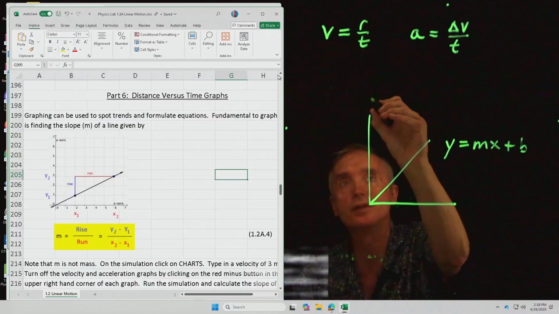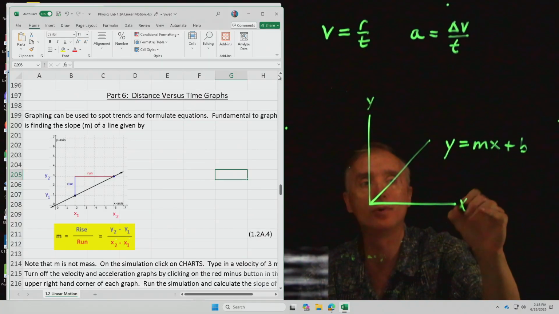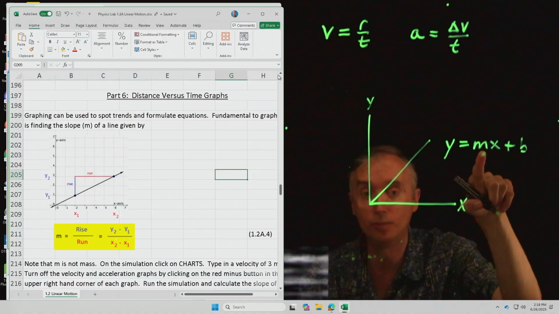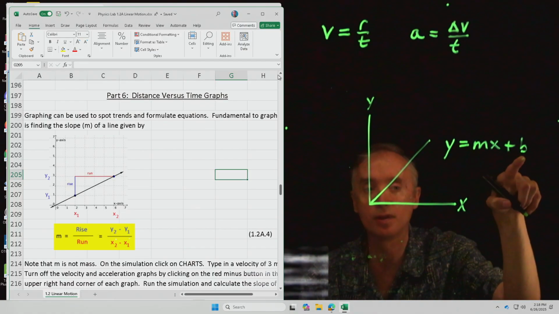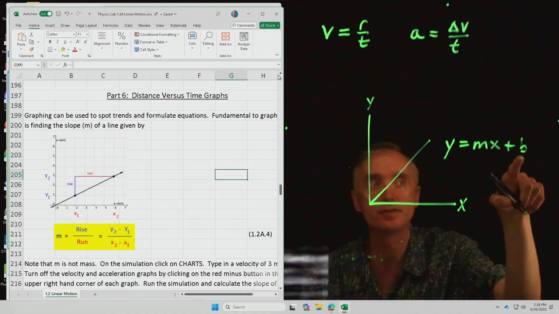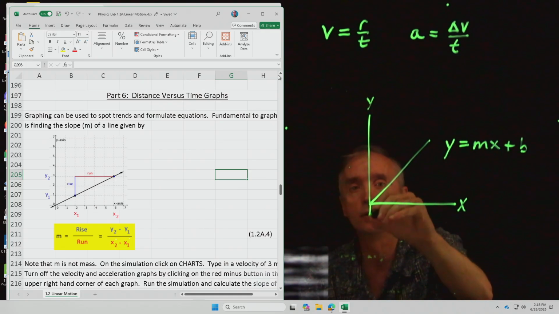Y is the up and down part. X is the sideways part. M is the slope of the graph. And then b is the slope intercept. So b is going to be the distance either above or below where the line goes through the axis.